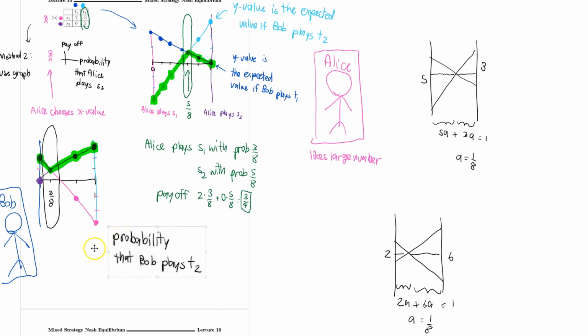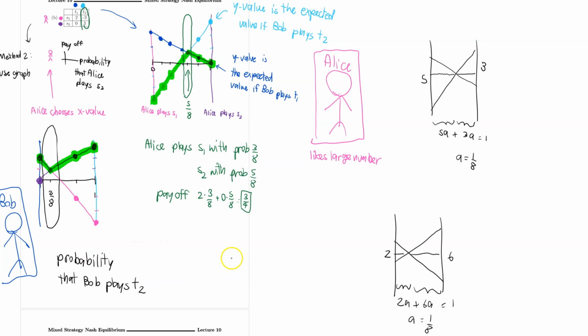Okay, let me move this out of the way. So in the end, Bob should play T1 with probability 6/8. Let me write that as 3/4. Remember again, my axis here is the probability that Bob is going to play T2. And then he plays T2 with probability 1/4.